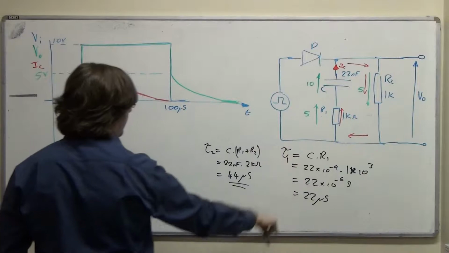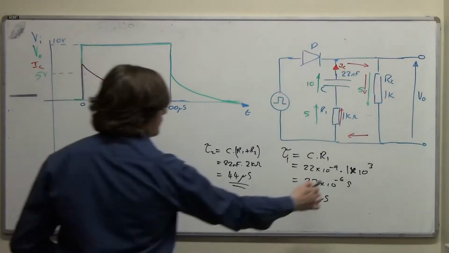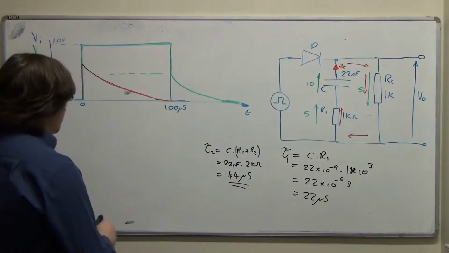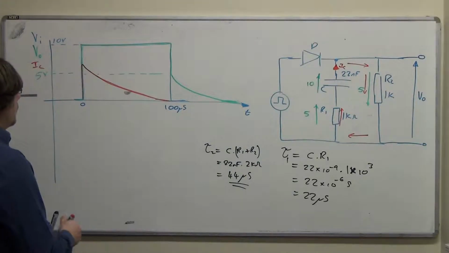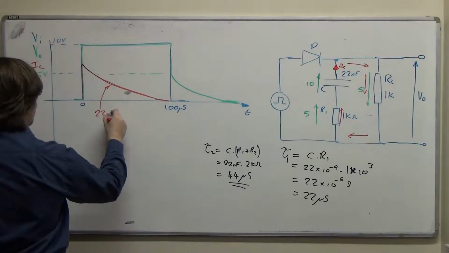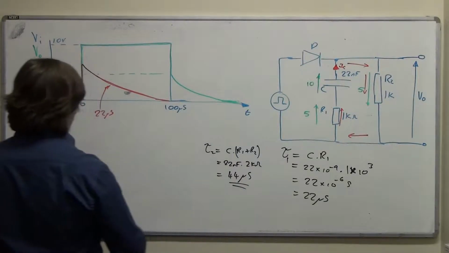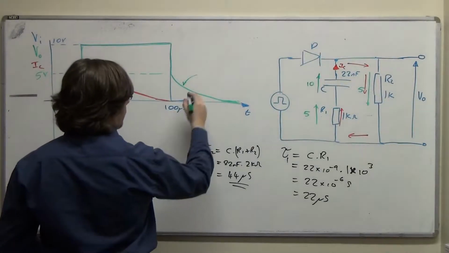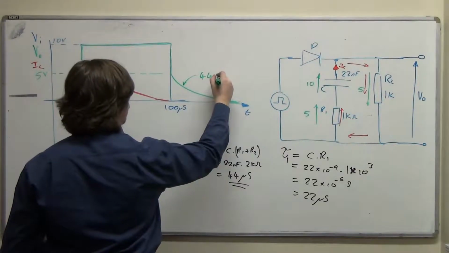Using the same logic as here, I mean, that's now tau 2. So we've got a time constant for this bit of 22 microseconds and a time constant for this bit of 44 microseconds.